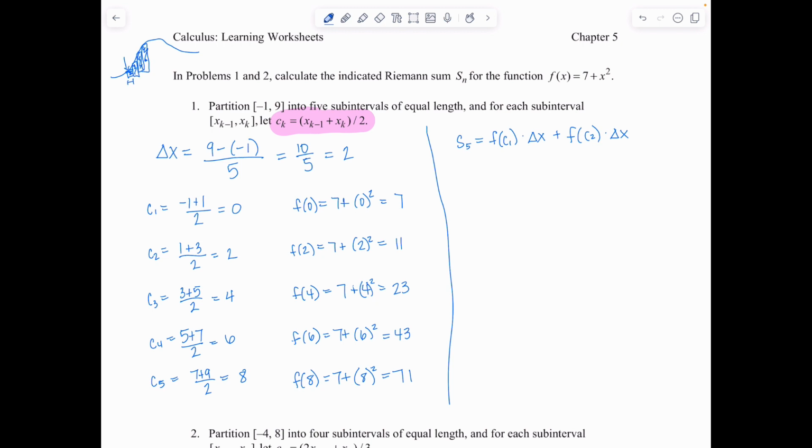So that's the change in x. And by multiplying those two, we get the area of the rectangles, and when we add all of the areas of all the rectangles up, we get an approximation of what's the area under this curve. So we'll continue to add all of our function values times our change in x until we have all 5.